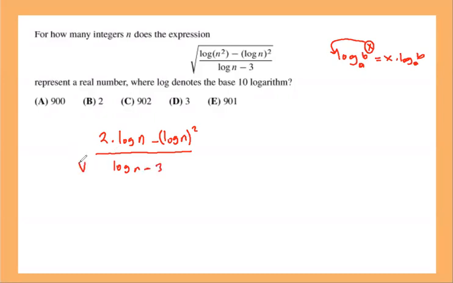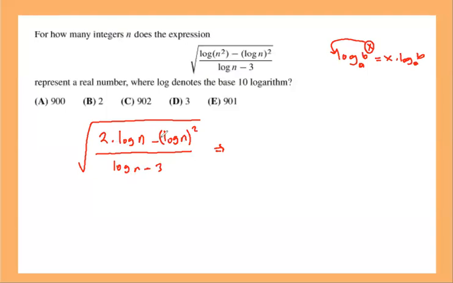Just keep in mind, we are trying to make this a real, valid expression. The only way that will happen is if the whole thing inside of the square root is non-negative, right? That is what we want to satisfy.